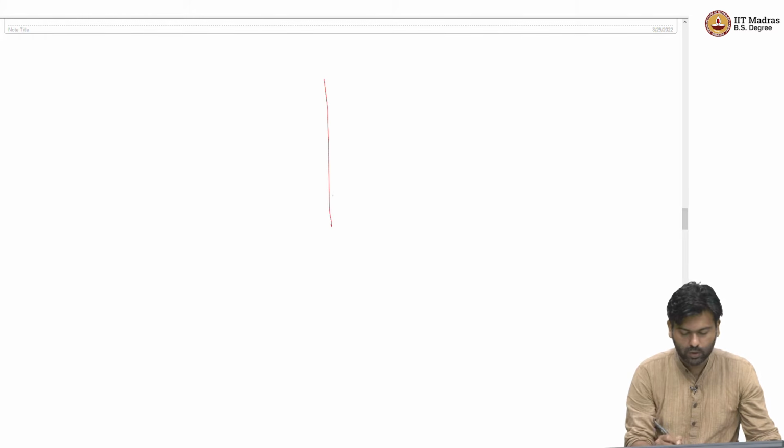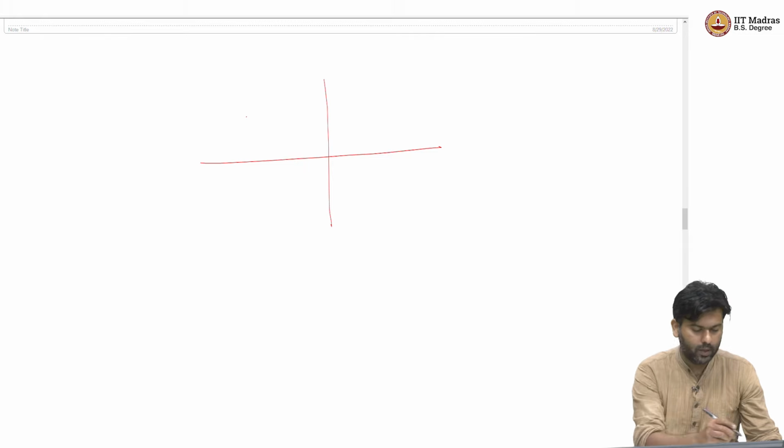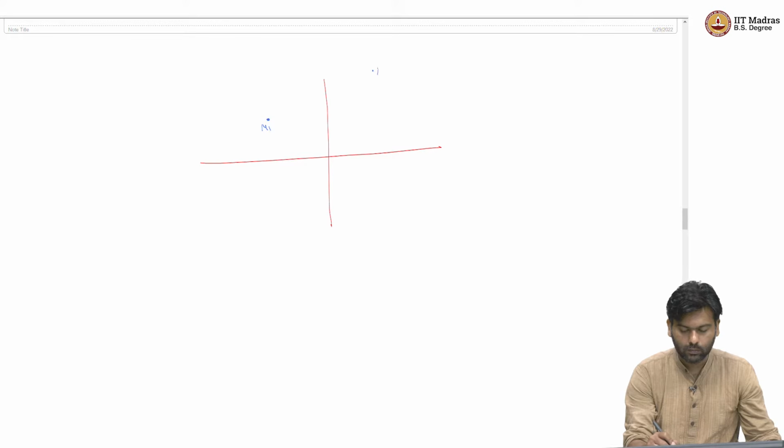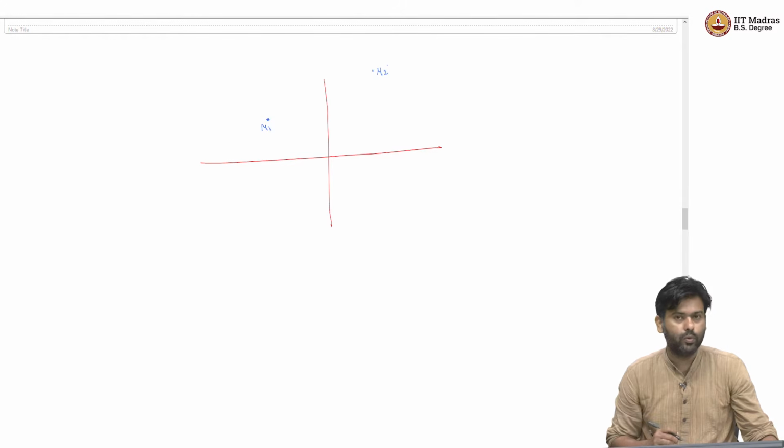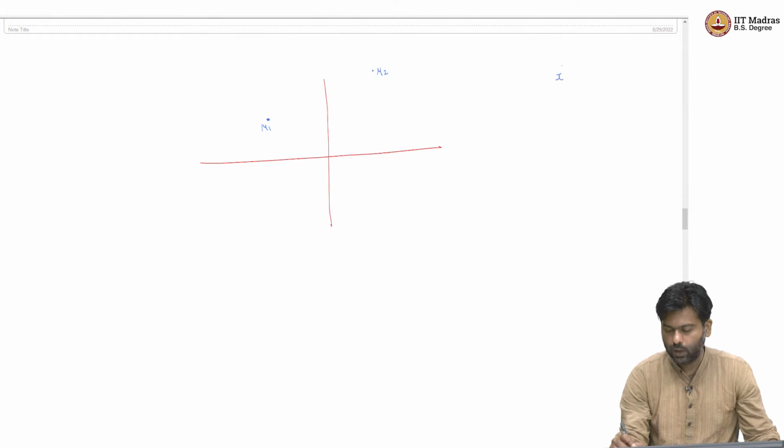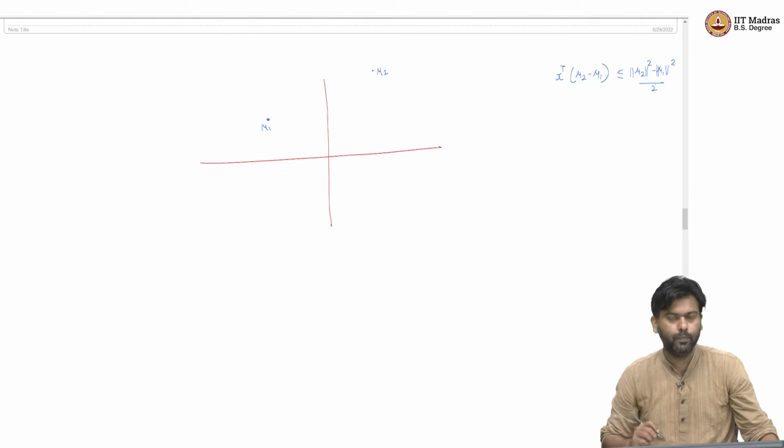So, here is a picture. We have mu1, and let us say this is mu2, and the equation is x transpose (mu2 minus mu1) is less than or equal to (mu2 squared minus mu1 squared) by 2.